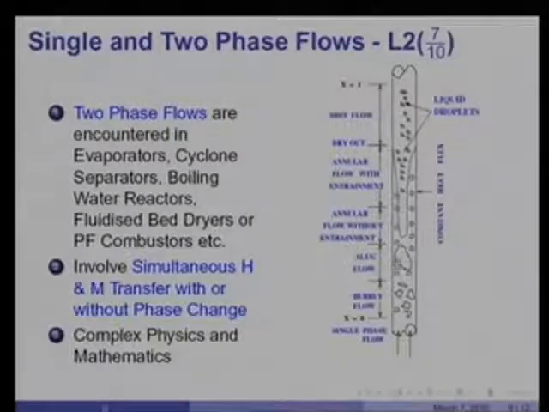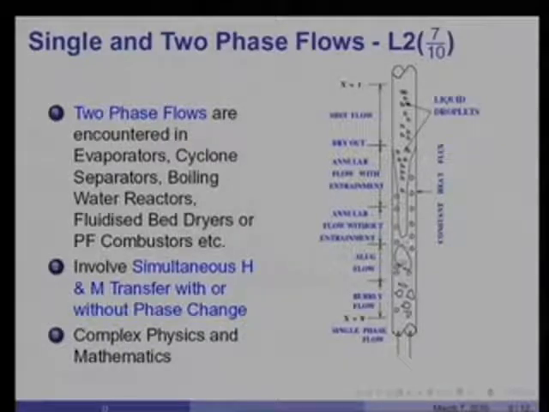As you move towards slug flow, the lighter phase, the vapor phase, begins to dominate the flow. When you go to annular flows, the vapor phase occupies a much bigger volume than the liquid. And then when you come to the mist flow region, of course, the vapor phase almost completely dominates over the liquid phase. And beyond x equal to 1, of course, you have the purely vapor phase.